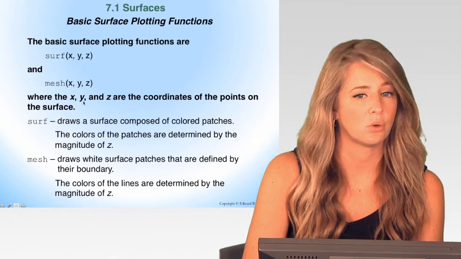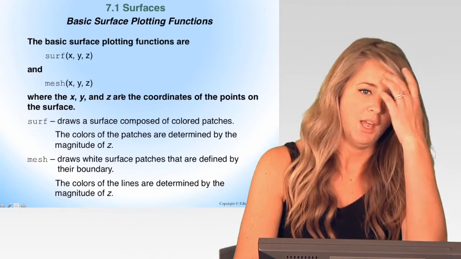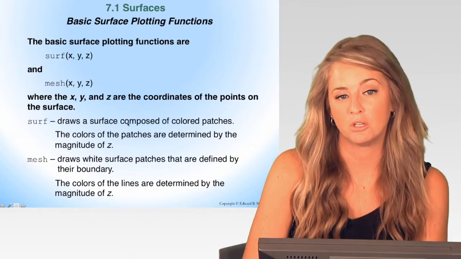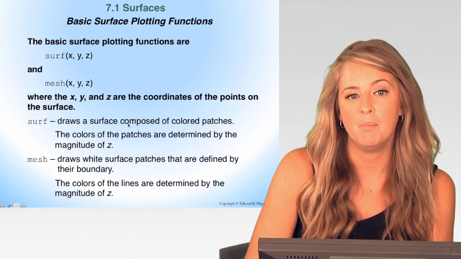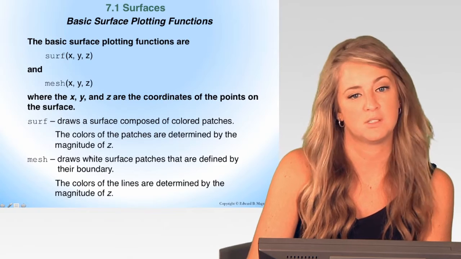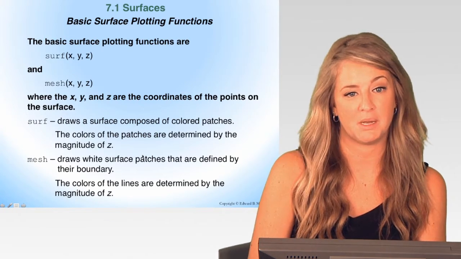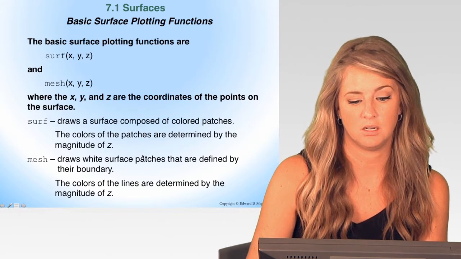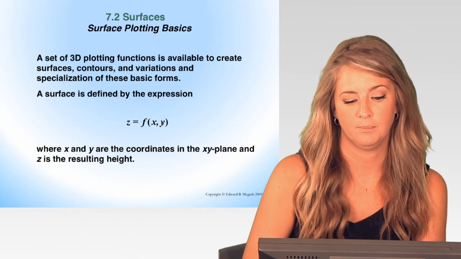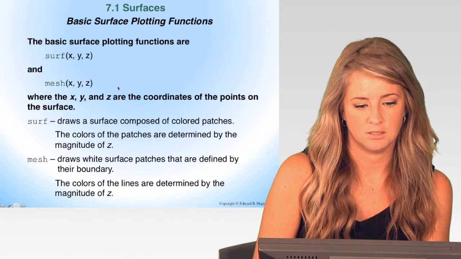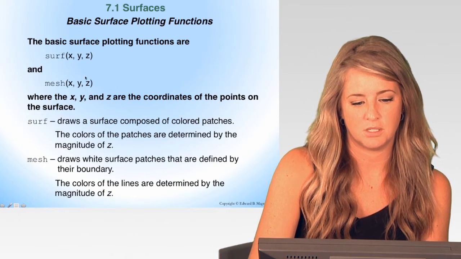X, Y, and Z are just the coordinates of the points of the surface. And then you can see here, surf draws a surface composed of color patches, where mesh draws white surface patches. The colors of the lines are determined by the magnitude of Z.